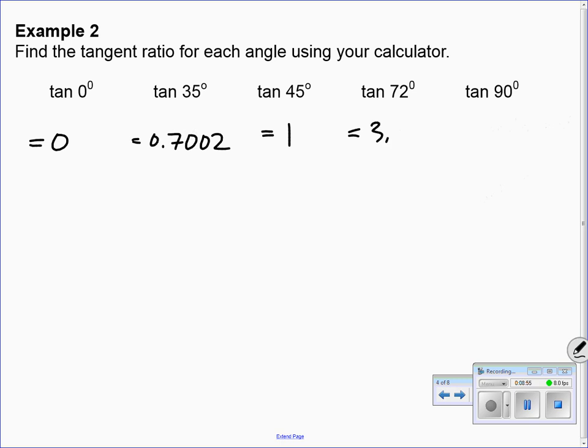Excellent. 3.0777. All right. And then tan of 90, undefined. Sometimes you'll see error on your computer or calculator.